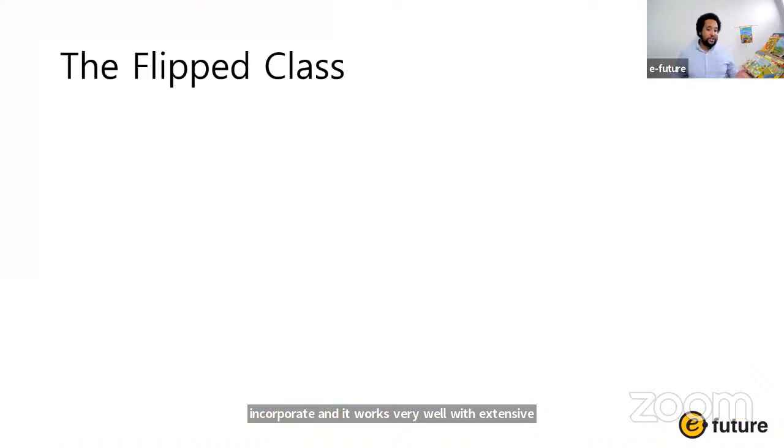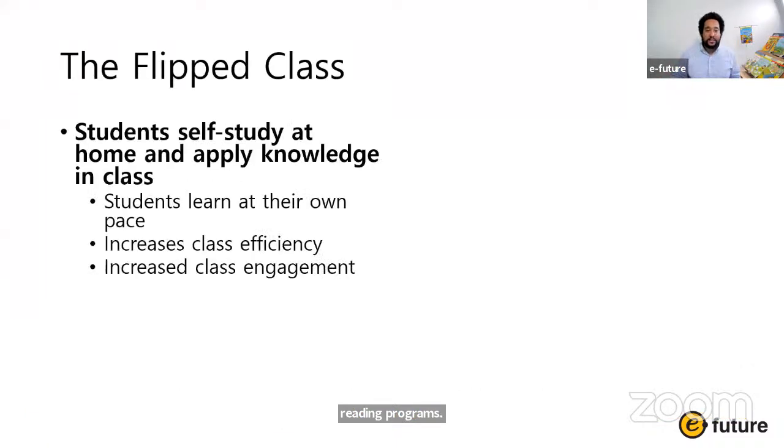So a quick crash course on the flipped class. The flipped class, as the name describes, flips what students do at home versus what they do in the classroom. So at home, students are given time to self-study. And then they apply what they study at home in class.